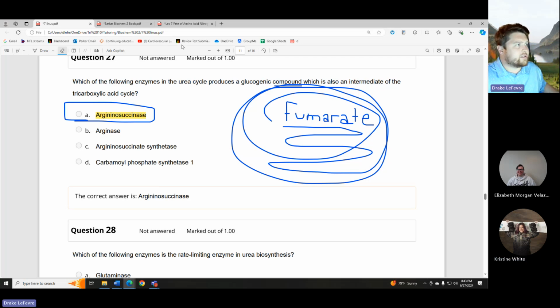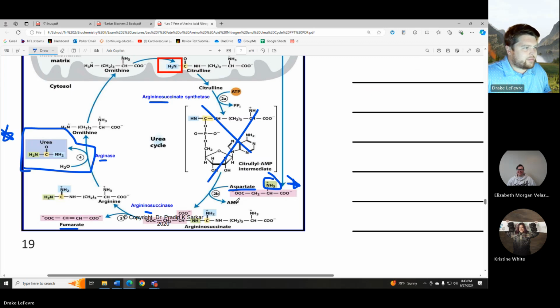We just had 2 questions about it. The aspartate. Aspartate comes in during the arginosuccinate synthetase process to form arginosuccinate.